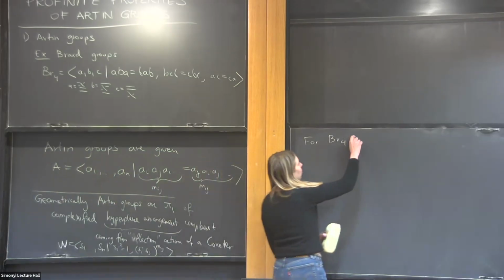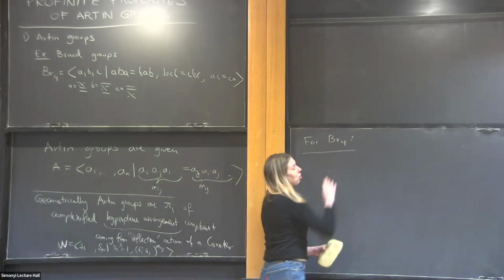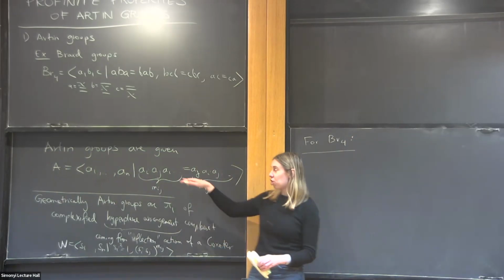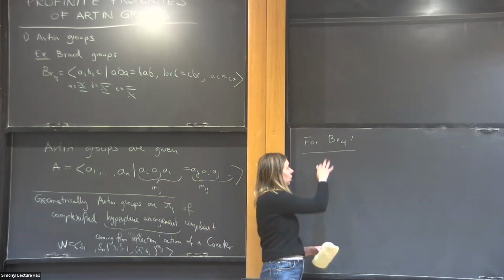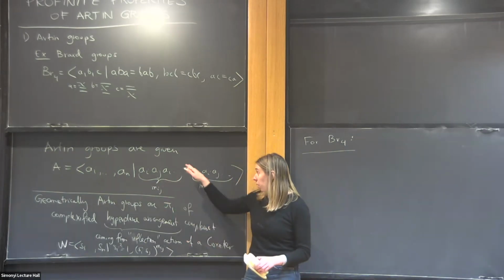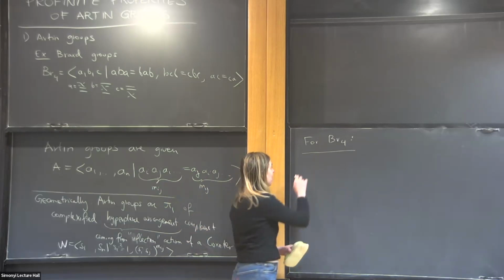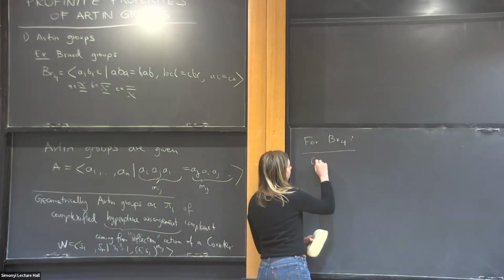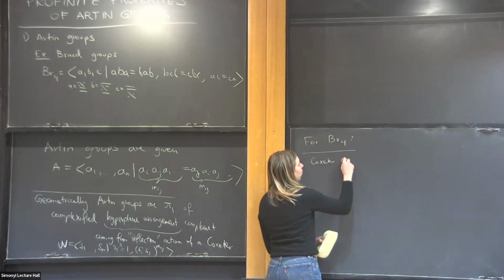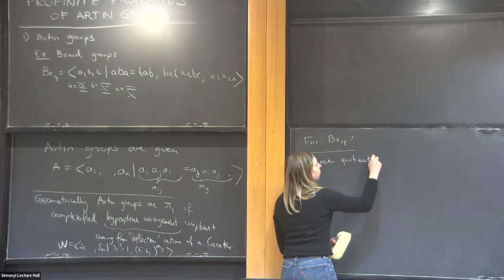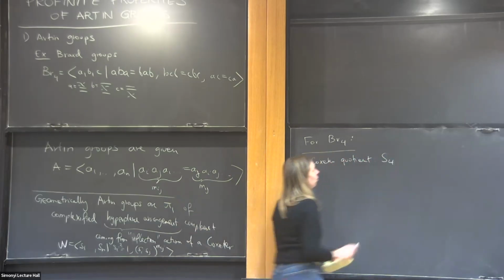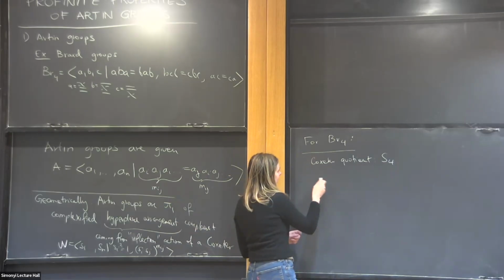Specifically, for the braid group on 4 strands, this Coxeter quotient corresponding to the braid group viewed as an Artin group is the symmetric group, the symmetric group on 4 elements.